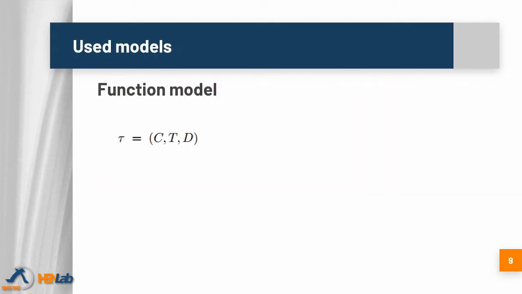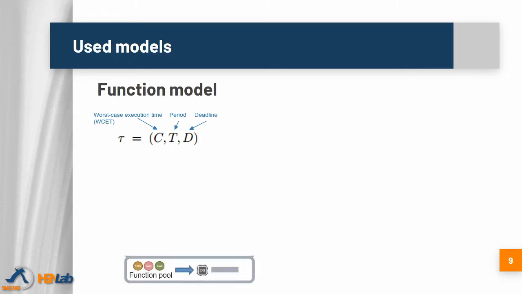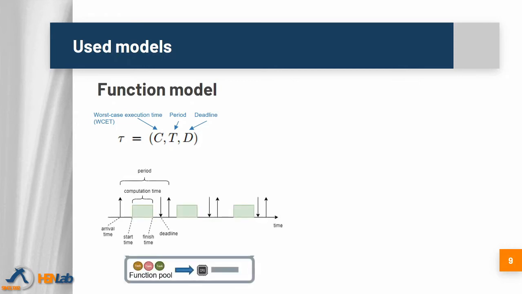From the literature, we know that functions or tasks in general are modeled by three parameters: the worst case execution time, the period, and the deadline. This model is suitable for the scenario when only a single server exists with a single CPU and the scheduler should choose from a function pool which function to execute. When a function arrives to the function pool, we call that moment its arrival time.